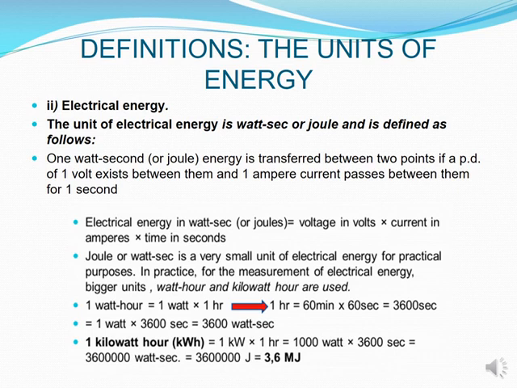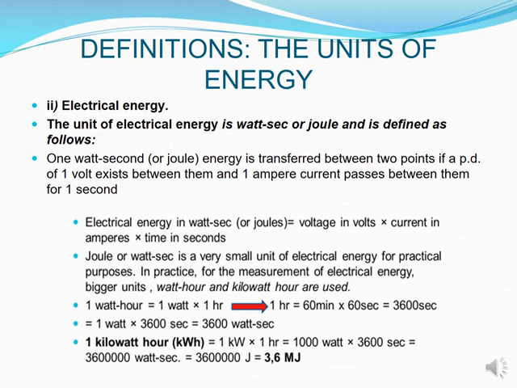So for us to get to the watt hour and the kilowatt hour, this is what we need to do. To get to the watt hour, we've got 1 watt multiplied by 1 hour. Now we need to convert the hour into seconds. We know that an hour has 60 minutes, and if you want to get that down into seconds, you multiply by another 60. So an hour would be equal to 3,600 seconds. Therefore, 1 watt multiplied by 3,600 seconds would give me 3,600 watt seconds.